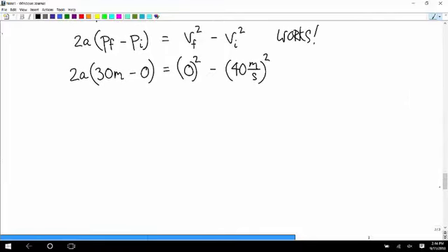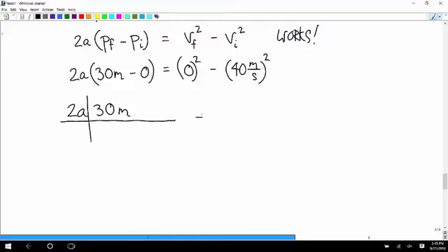And now I'm going to write out this equation in the same form that I used when we did unit conversions. So anything in the numerator is going to be above the fraction bar. Anything in the denominator is going to be below. So here we have on this side 2a, and I'm going to do the subtraction. 30 meters minus 0 is 30 meters. So that's the left side of the equation.